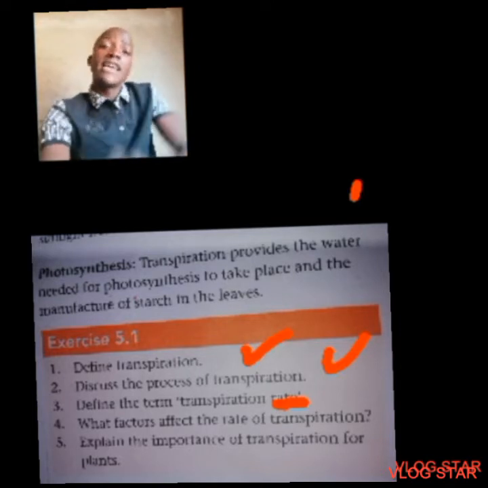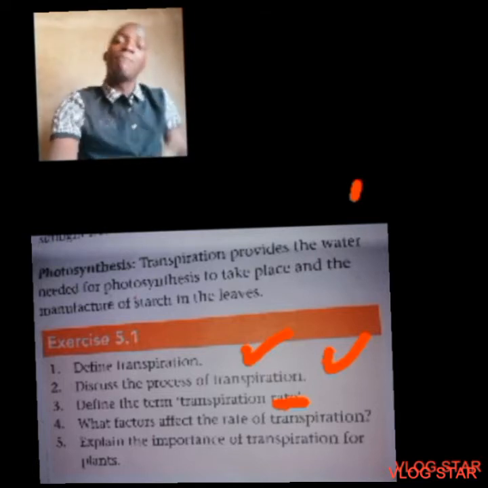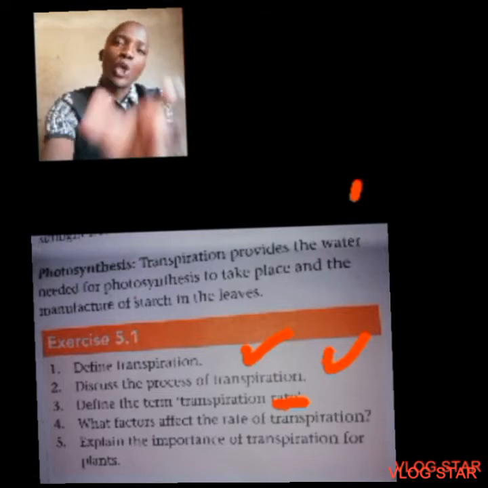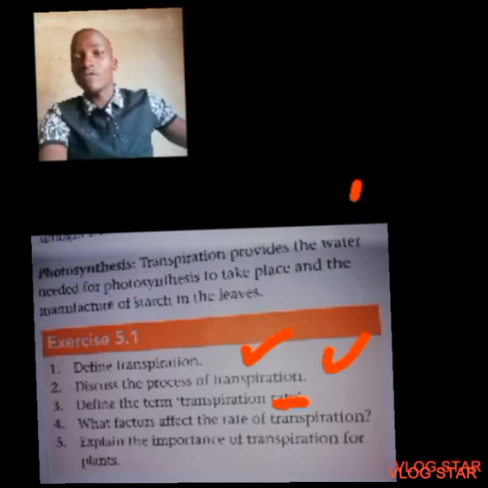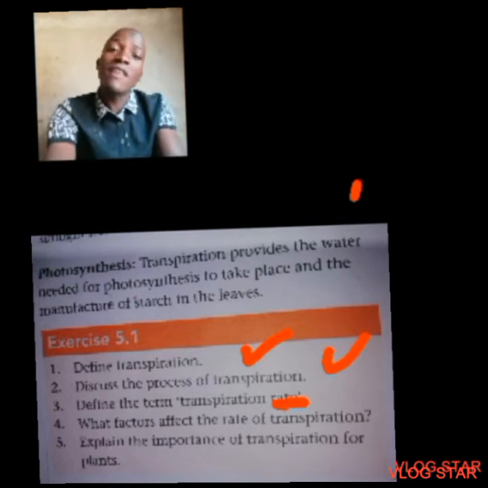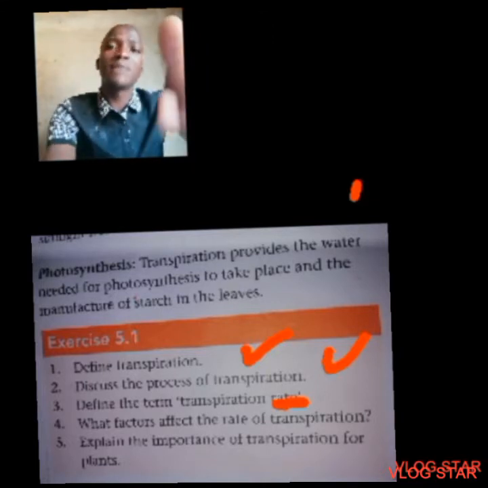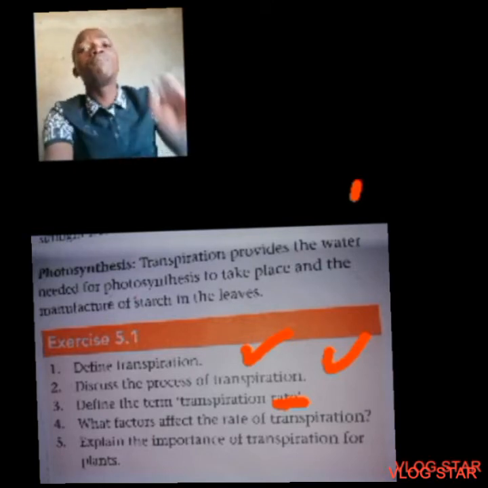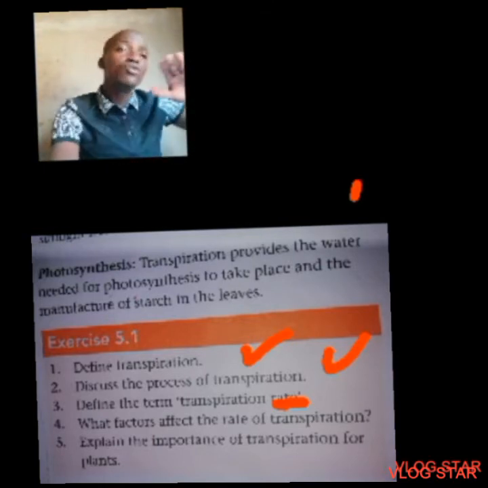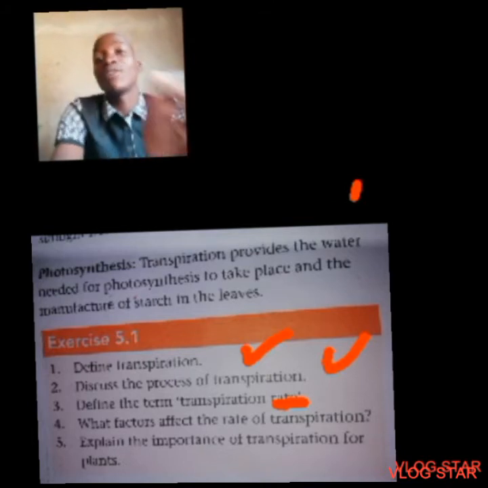So I'm going to say transpiration rate is the speed at which plants lose water vapor through the leaves into the atmosphere. The same applies when the question says define the term transpiration speed. You just say it is the rate at which plants lose water through the leaves into the environment. I think you are assisted there.